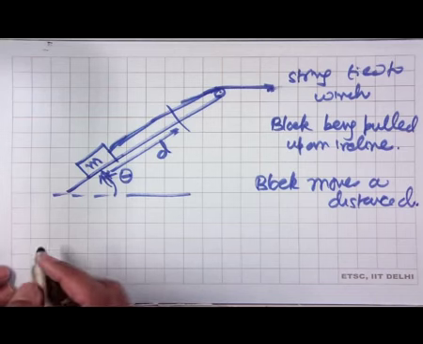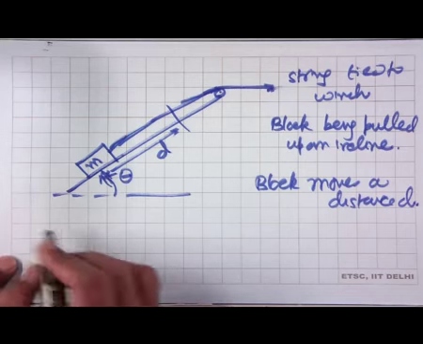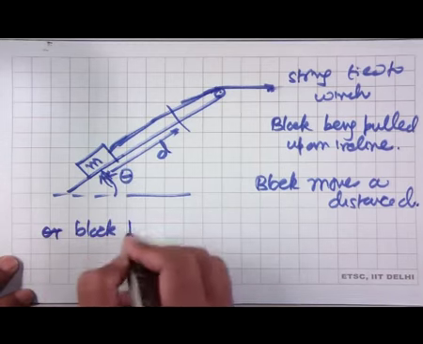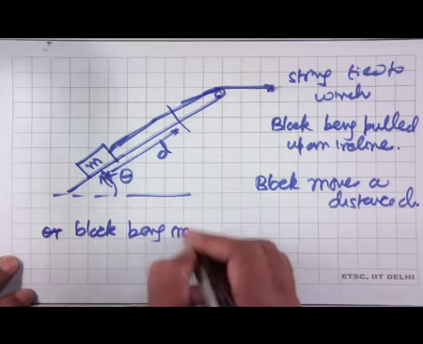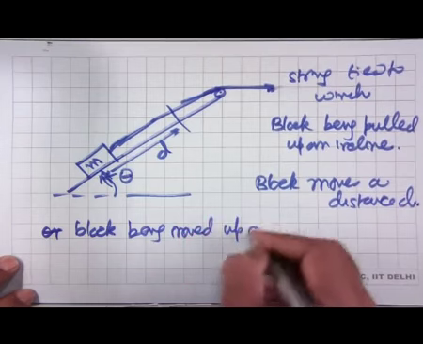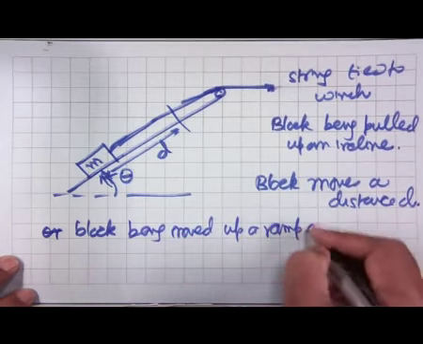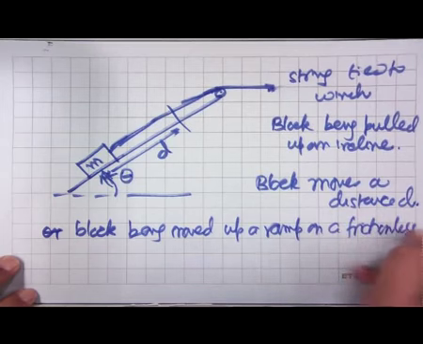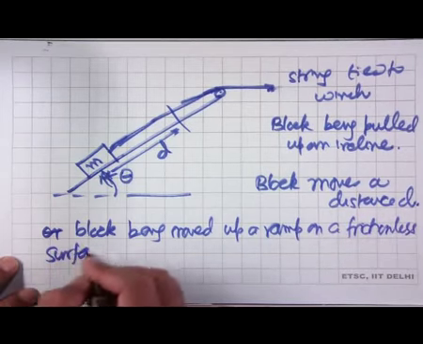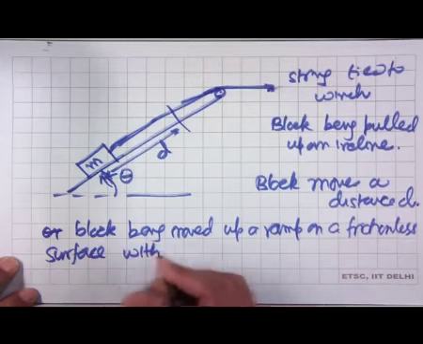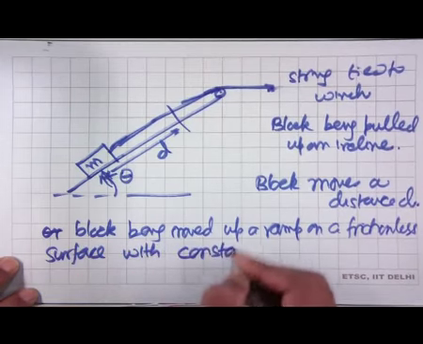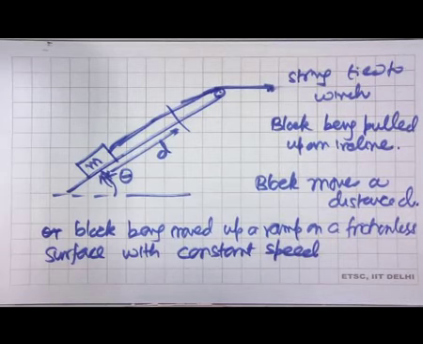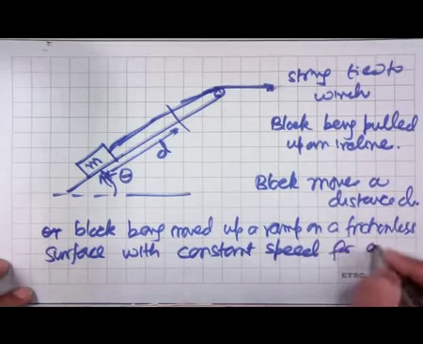Now, we have a block being moved up a ramp on a frictionless surface with constant speed for a distance d.